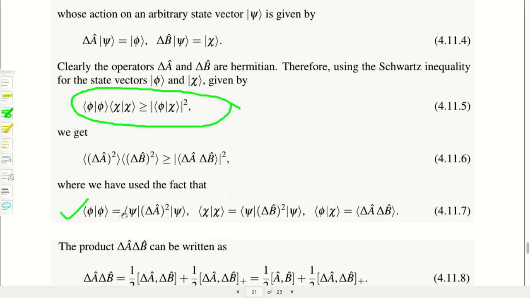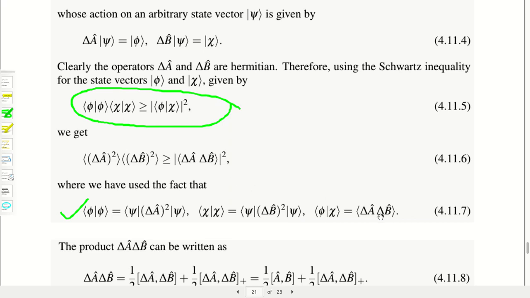This is the expectation value of delta A operator square, so this is written here. Now chi chi is the expectation value of delta B square operator, so in place of chi chi it is written the expectation value of delta B square.